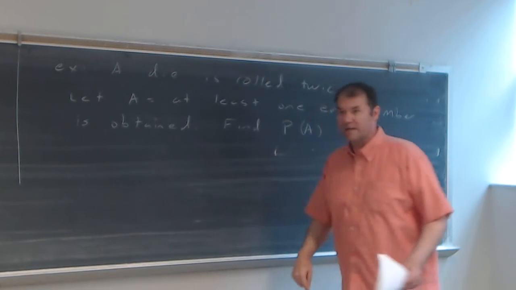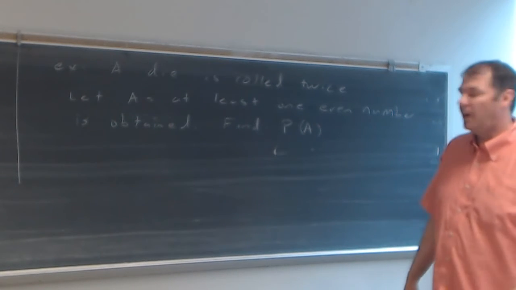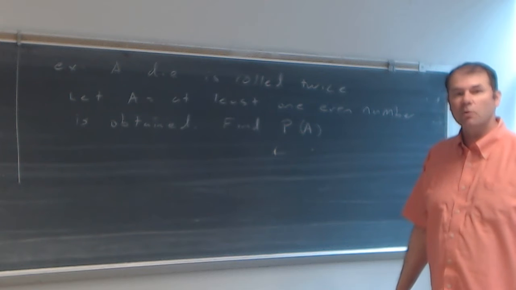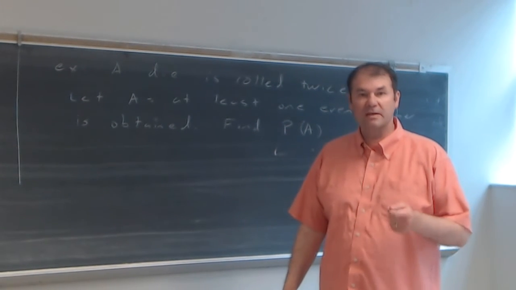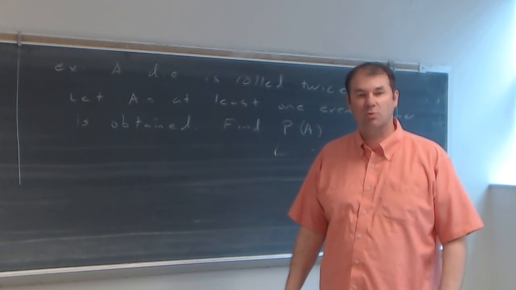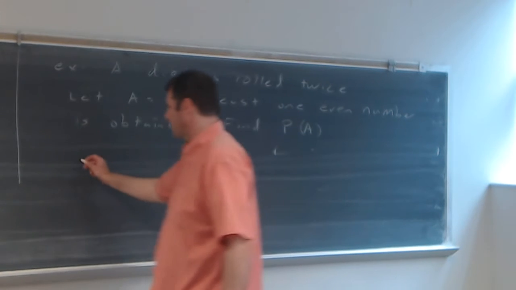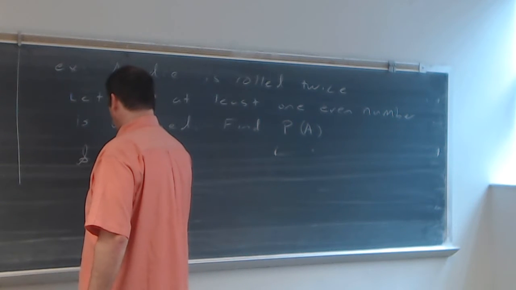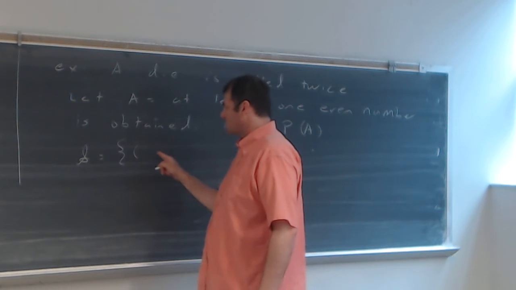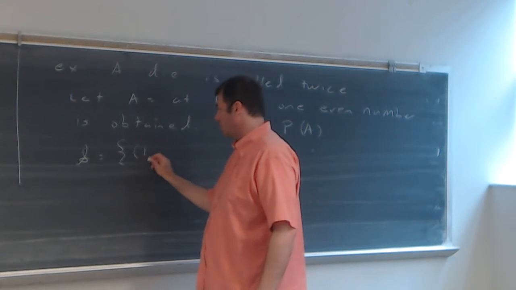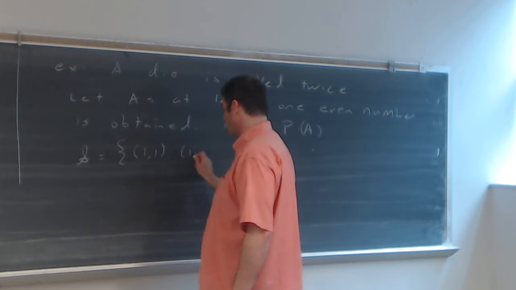I'm going to do this in two ways. But for both ways, I want to go back to thinking of this random experiment of rolling a die twice, and thinking that there's a sample space associated to it. I'm going to write it out, it's going to take me a few minutes. It will consist of the outcomes for two die rolls. You could get 1,1. You could get 1,2.